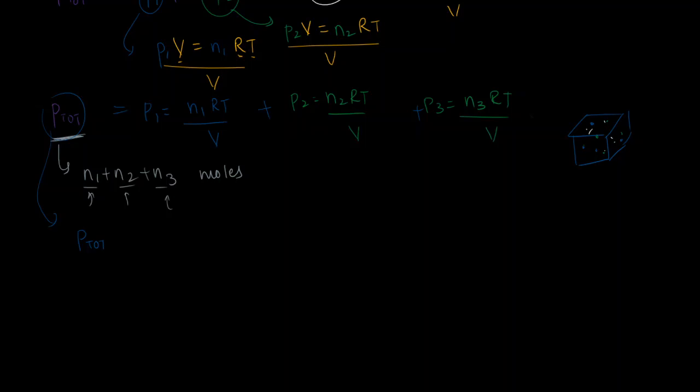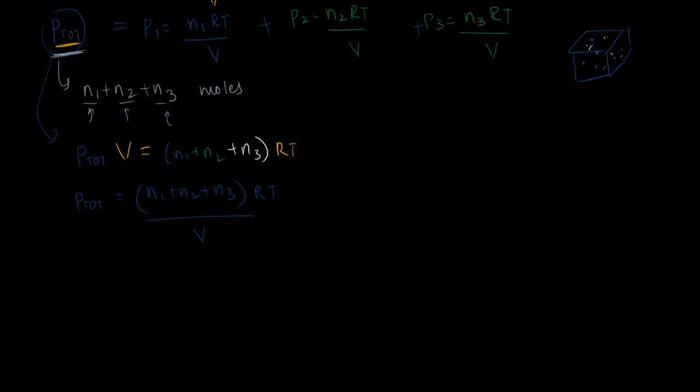The total pressure that they exert, times the volume, which is again the same, times N1 from the first gas, N2 from the second gas, and N3 from the third gas, times RT. The number of moles part is done. Again, you need an expression for P total, so P total is equal to N1 plus N2 plus N3 times RT over V.